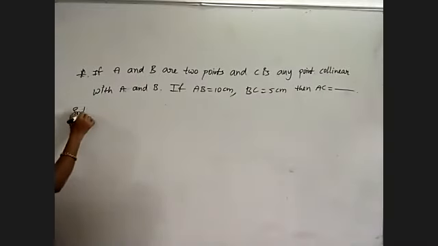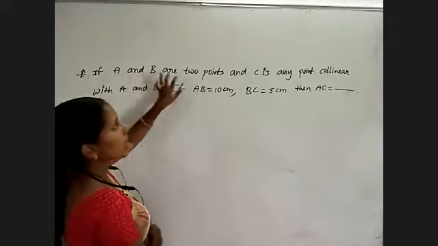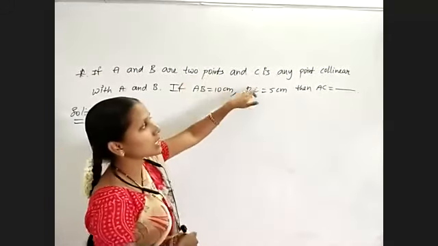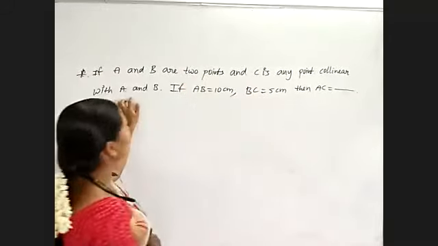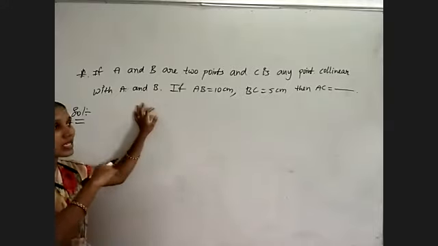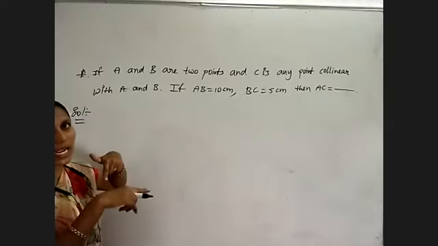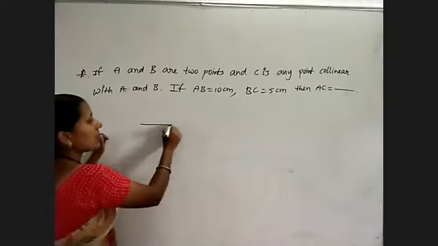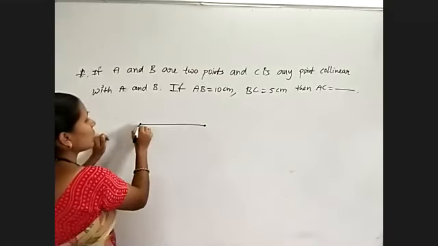Observe this problem, very, very easy and important. They are telling that A, B are 2 points. C is any point collinear with A and B. Collinear is nothing but all those points are lying on the same line, yes or no? Means A, B, C are 3 collinear points.